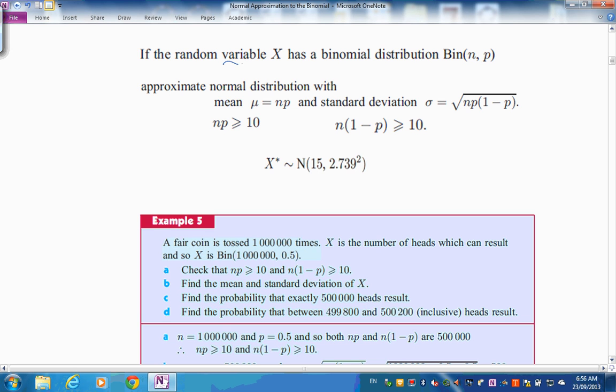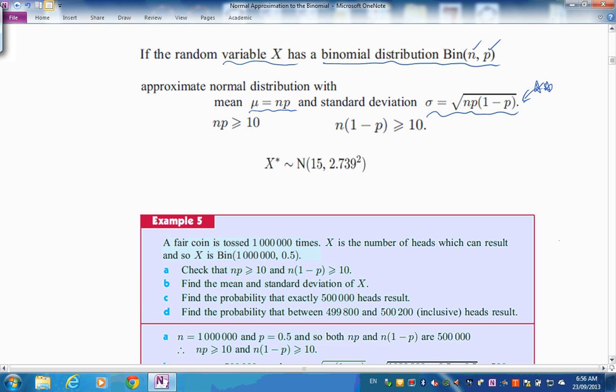Okay, so if the random variable X has a binomial distribution, success, failure, n trials, probability of a success, approximate it with a normal distribution with mean np and that standard deviation, because that was the standard deviation of the binomial. So we're going to use that, of course, in feeding into our function.